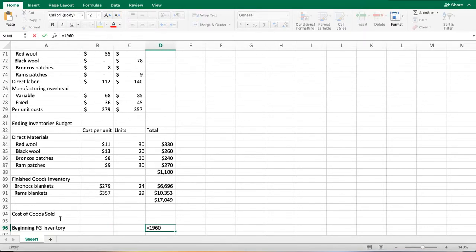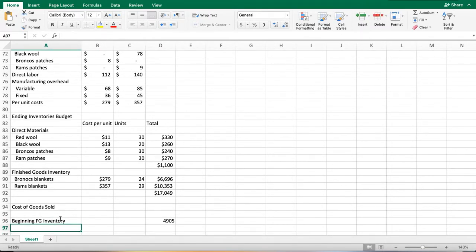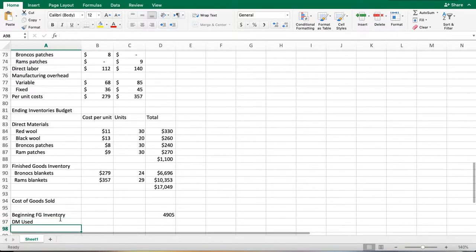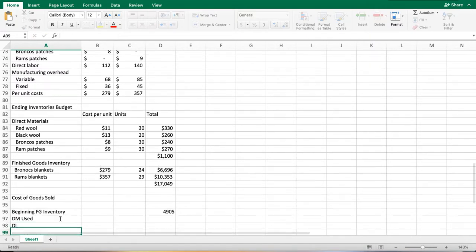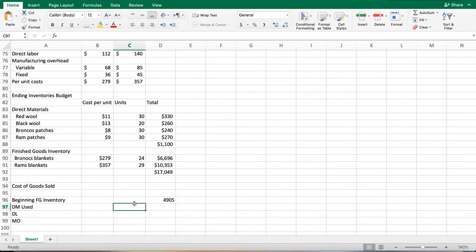It's the 1960 plus 2945, and I'm just using numbers we've calculated. Our direct materials used, our direct labor, and our manufacturing overhead. And our direct materials used, that's our $27,135.